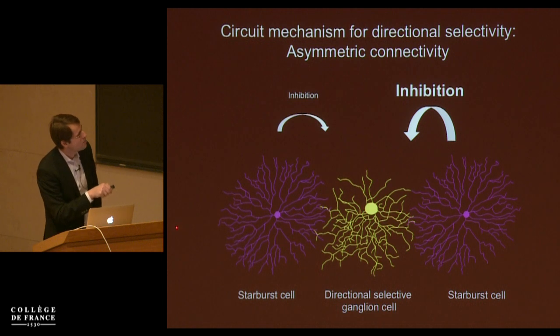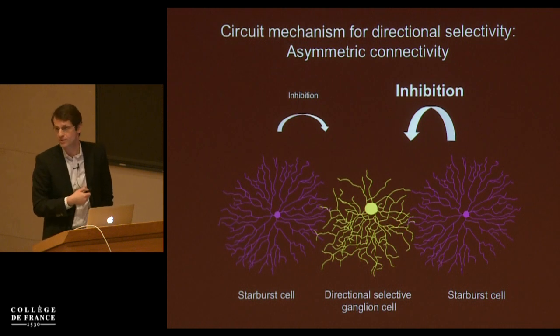Why? Because the connectivity strength from this side is very weak, and from the other one is very strong. So when I come from here, this inhibitory cell is very weakly connected, and when I arrive, the ganglion cell will start to fire. When I come from the other side, however, see that this inhibitor is very strongly connected, and before I arrive at the ganglion cell with my stimulus, this cell will tell the ganglion cell not to fire.